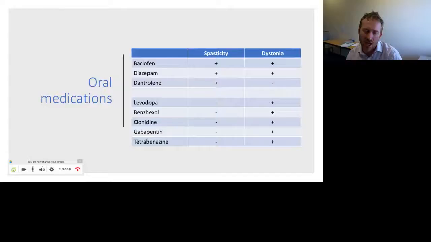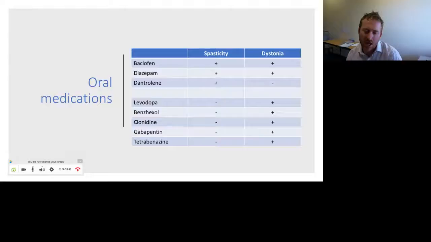There are drugs that work more for dystonia than they do for spasticity. So levodopa is the obvious example, but we also use Bentexol, also trihexyphenidyl, which is antimuscarinic, and that's often a more successful dystonia agent, although the side effect profile, including mood changes and the dryness that it causes, can be prohibitive for some children.